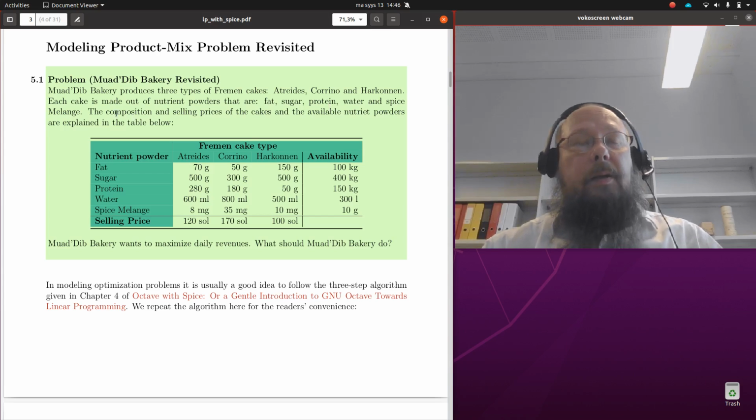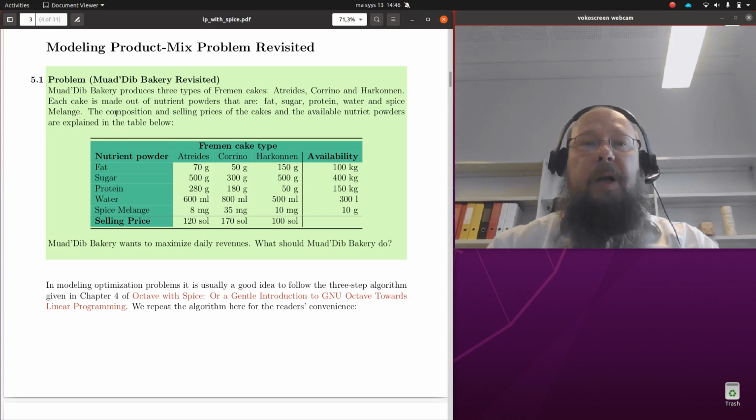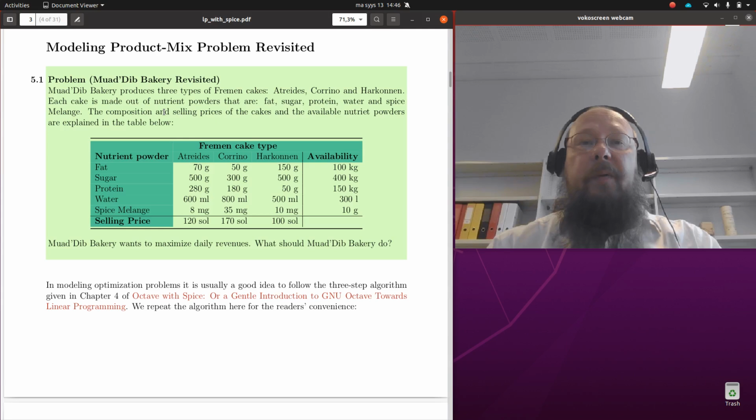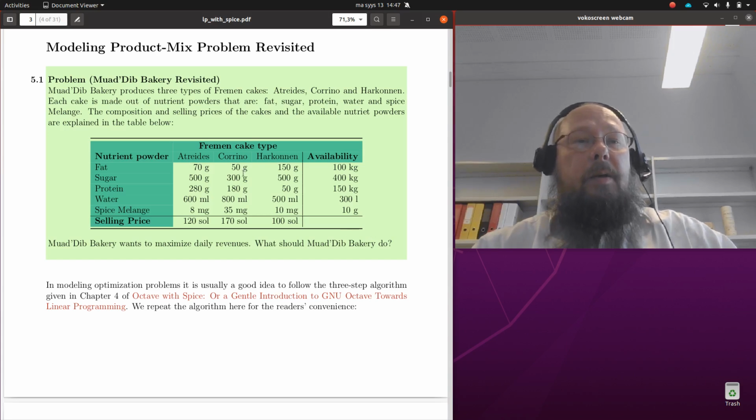The composition and the selling prices of the cakes and the number of available nutrient powders are explained in tabular form in this table. I think it's relatively obvious how you read this. On the columns we have different cake types: Atreides, Corrino and Harkonnen.